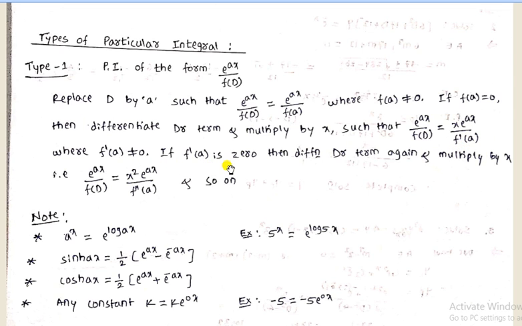Again, if f dash of a is 0, then once again differentiate the denominator term and multiply by x. So f dash of a becomes f double dash of a, and x into x becomes x square, giving x square e raised to ax divided by f double dash of a, where f double dash of a is not equal to 0. This process continues until the denominator is not equal to 0.